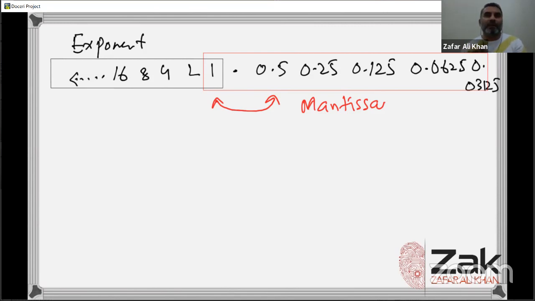And similarly in the exponent, which is an integer, 1, 2, 4, 8, 16, this 16 will be negative. Over here, all the values are fractions, on the right side. So the leftmost bit in the mantissa is 1, and this 1 will be negative.